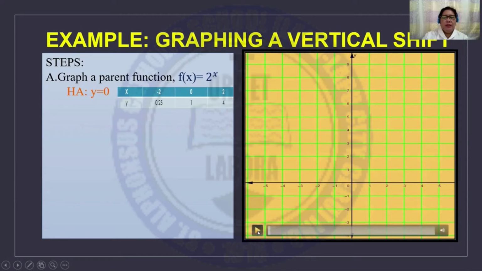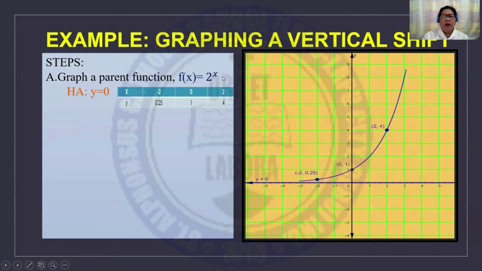Let us plot the points, starting with the horizontal asymptote, then the first point, second point, then the third point, and then connect. This is the y-intercept. This blue one is the graph of the parent function 2 raised to x.